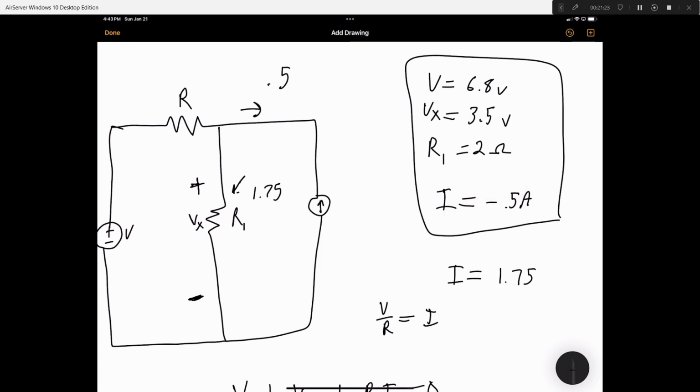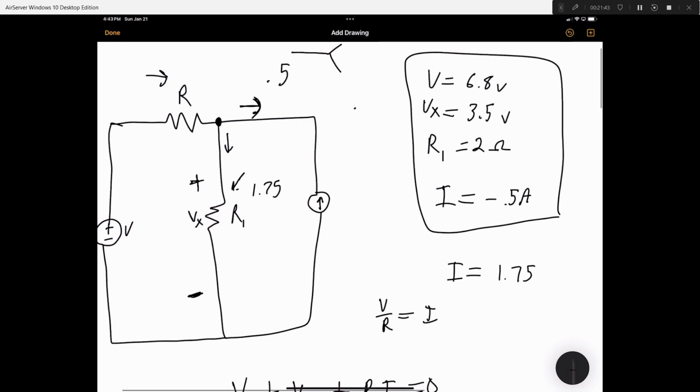So you're going to use Kirchhoff's current law, which states this current going this way and this one going this way. Well, what's the current originally when it goes here and then it breaks off at this point? It splits to 0.5 and 1.75. 0.5 being the opposite value of this current here, because it's negative going this way and the opposite, it would be going positive going that way.